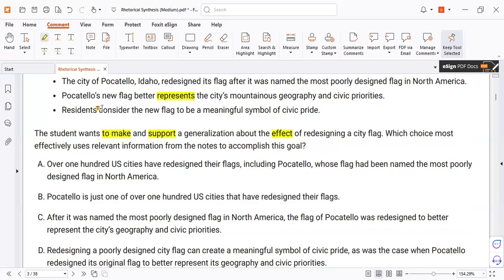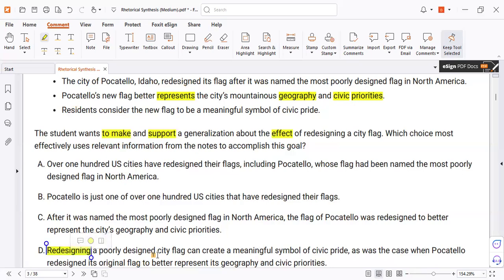The support, yes, look here. So the new flag better represents the mountainous geography and civic priorities. This is the importance. As evidence, he mentioned it in this part, and he gave us a generalization.